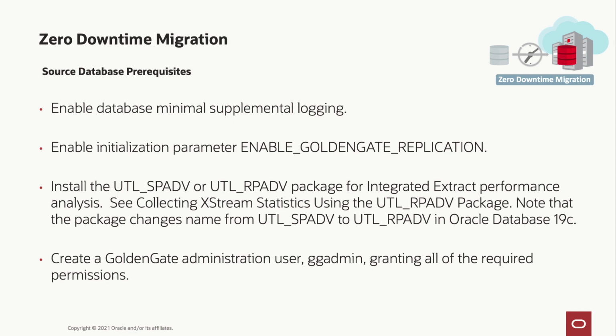It is important to enable database minimal supplemental logging, to enable the initialization parameter enable_goldengate_replication, and to install different packages such as UTL_SPADV or UTL_RPADV for integrated extract performance analysis, right? And of course, all the other related packages. You need to create a Golden Gate administration user, which is called ggadmin, and will require several permissions. I'm going to go over them in the next slide.